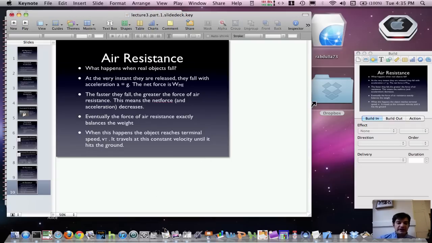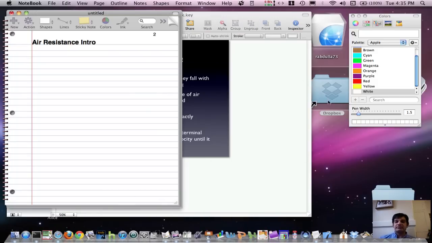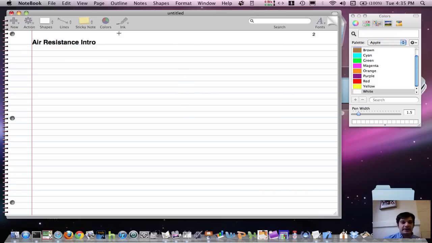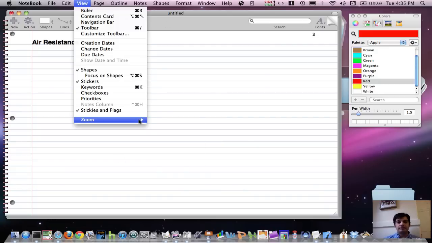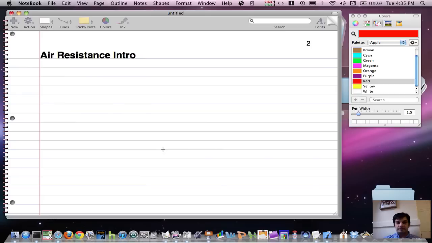So what we're going to do is illustrate this, and talk about how it's going to happen. Here's the situation. I have an object, and it falls, and this is the universal free body diagram.